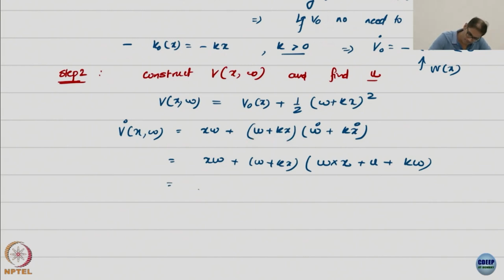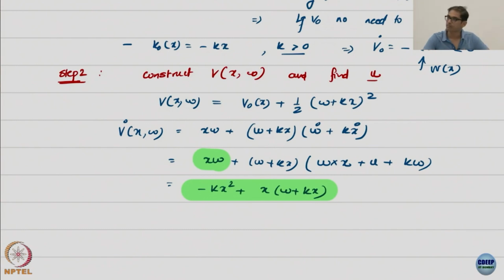write this as minus kx squared plus x omega plus kx, right. So this term becomes these two terms.